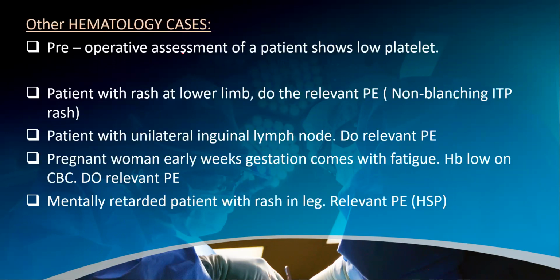Now, these are other hematological cases. As you can see, one of the cases is a pre-operative assessment of a patient showing low platelets. So anything related to rash, low platelets, or anemia all comes under the hematological physical examination. Sometimes it can also come with a rash at the lower limb, and you will find a non-blanchable rash, that's an ITP rash.